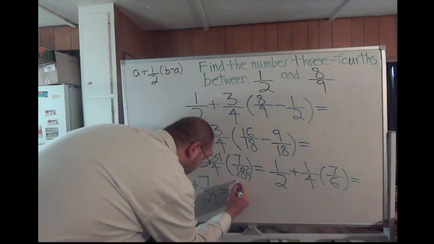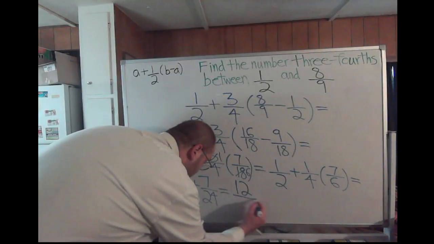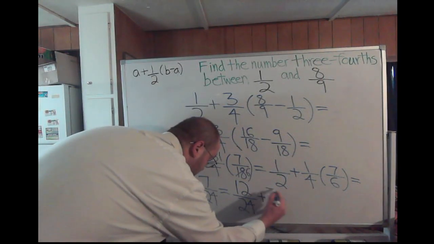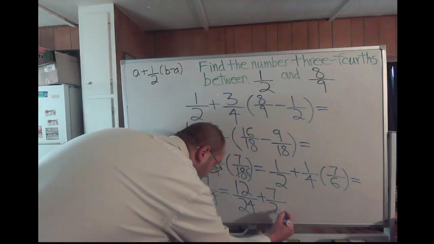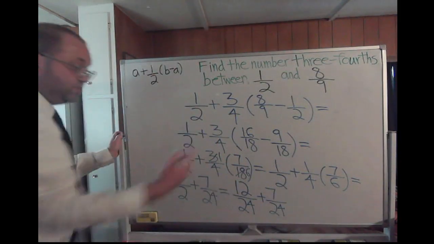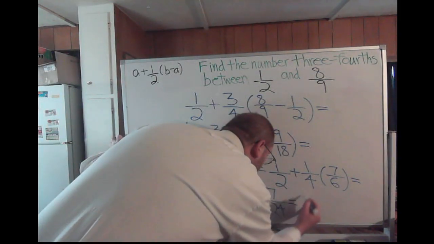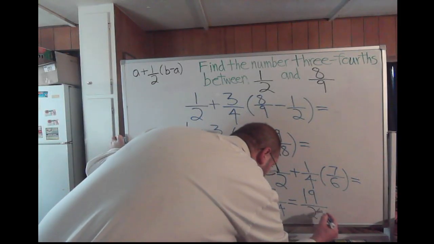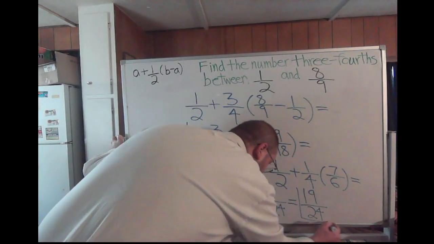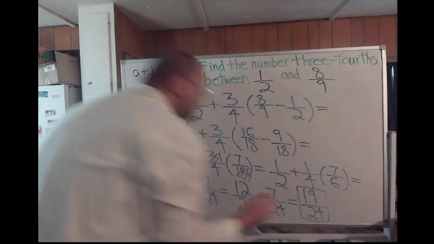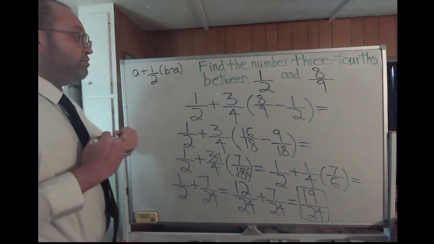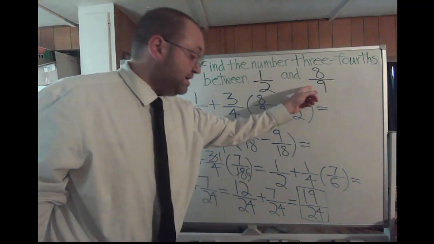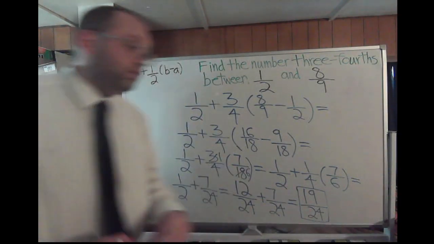So if we do that, you'll get 12/24 plus 7/24, which then now you just add them together, you'll get 19/24, which reduces no further, so that your answer is 19/24. That would be the number that is 3/4 of the way between 1/2 and 8/9. That's 19/24.